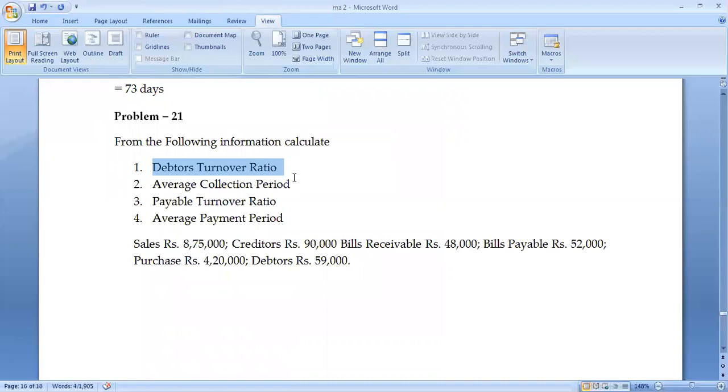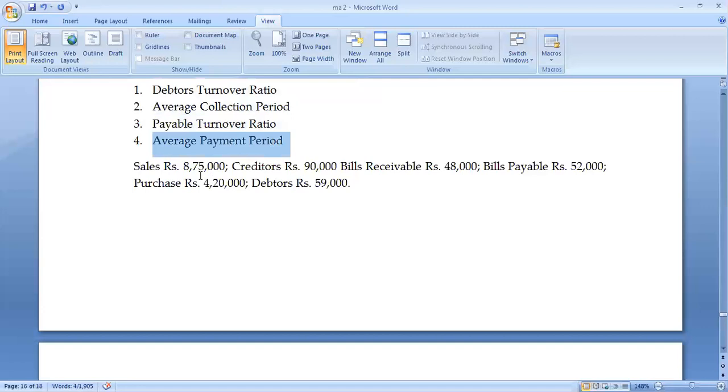In the case of payable turnover ratio, bills payable information is given, opening as well as closing bills payable. Sometimes they don't give you opening and closing, directly the amount will be given, no worries with that. And there is the information of credit purchases.